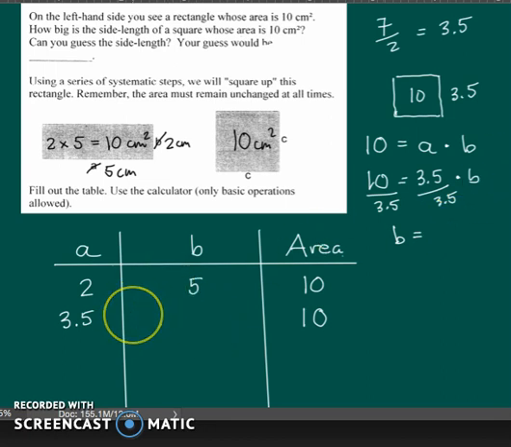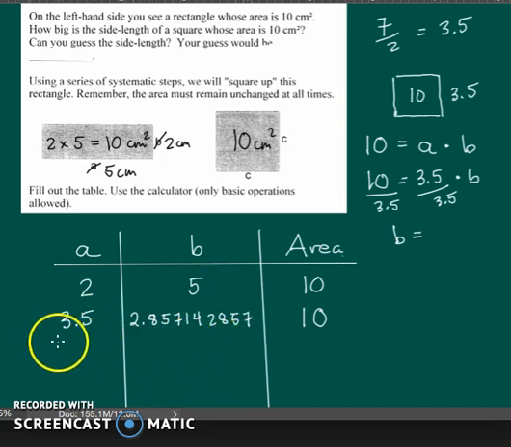I'm actually going to write it over here. 2.857142857. Phew, so that is 9 decimal places. It actually goes on, but you have to round, or your calculator will round for you. But we've grabbed 9 decimal places, and that's pretty good.